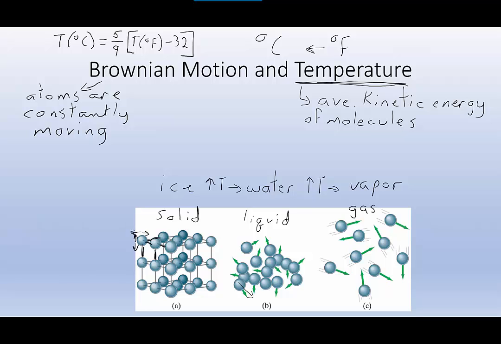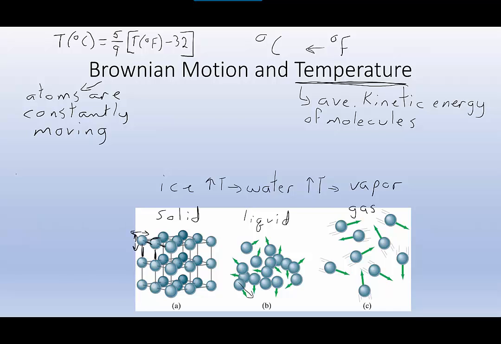So why is that 32 there, and why is it 5/9? Well, number one is because both Celsius and Fahrenheit are arbitrary scales. Celsius starts with freezing of water at 0 degrees Celsius and boiling of water at 100 degrees Celsius.